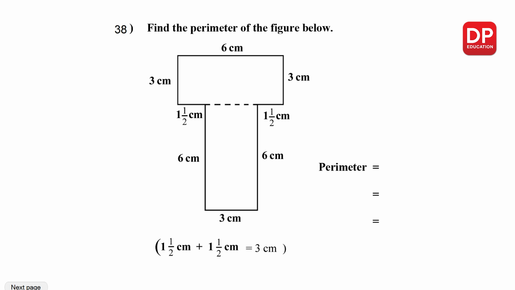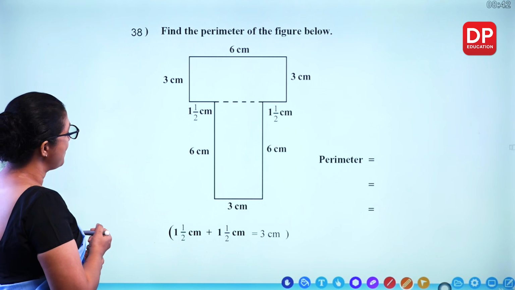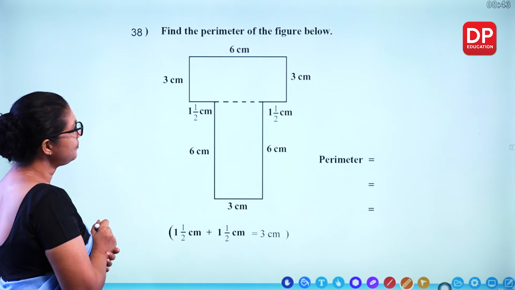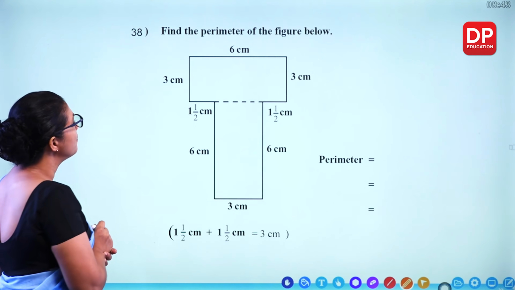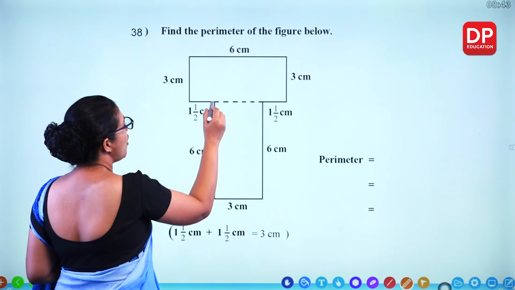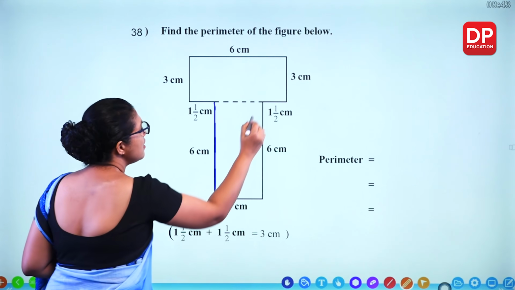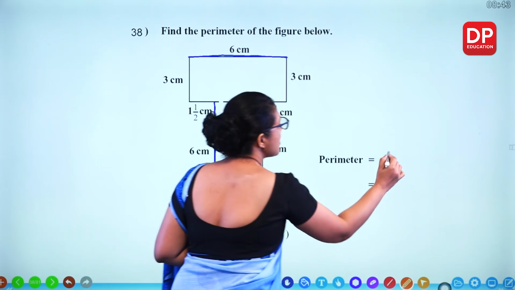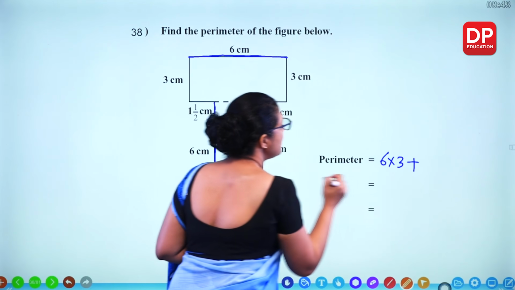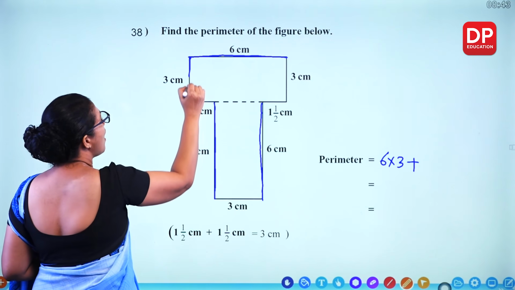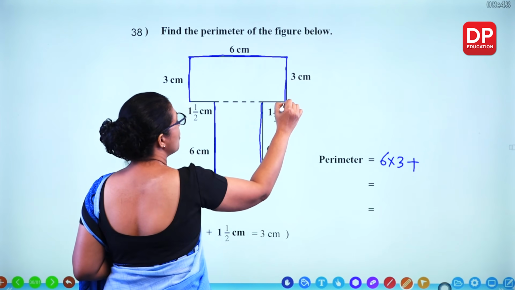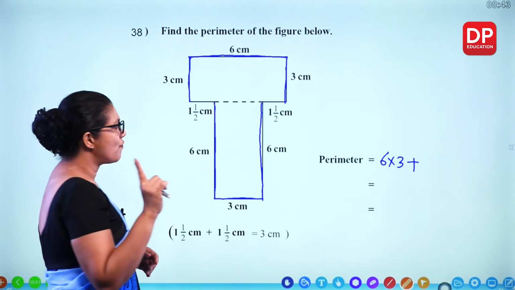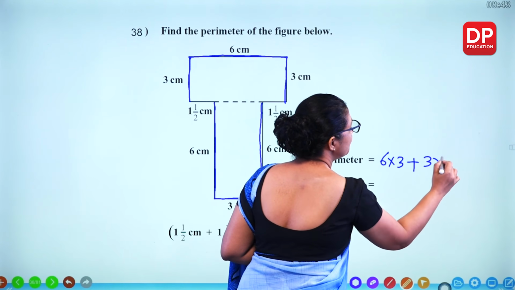Find the perimeter of the figure below. It's given 1.5 and 1.5 is 3. So we'll start from this point. How many sixes are there? 1, 2, 3. 6 times 3. How many 3s are there? 1, 2, 3, and these two, another one, 4. 3 times 4.